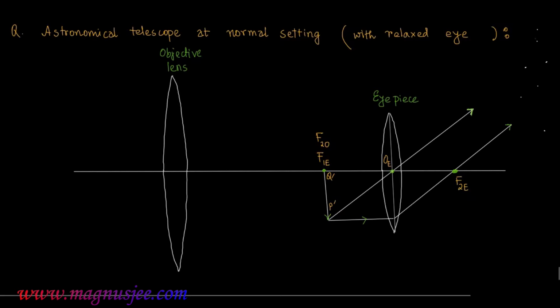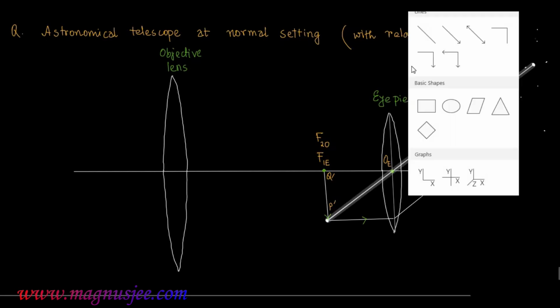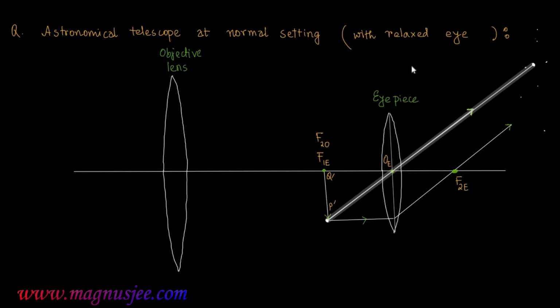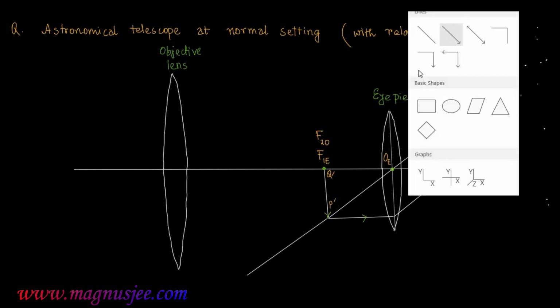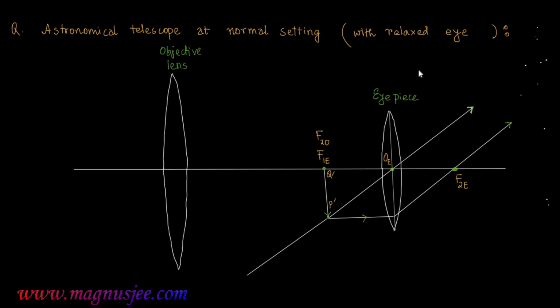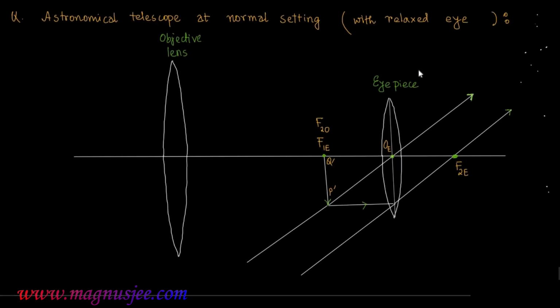That means this refracted ray will pass through the second principal focus F2E of the eyepiece. And these two refracted rays will appear to diverge from infinity.